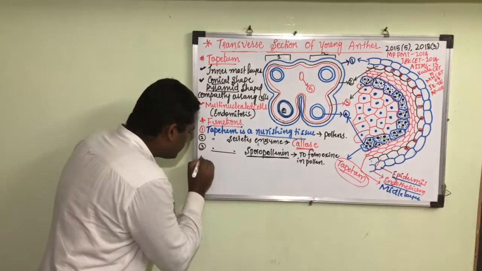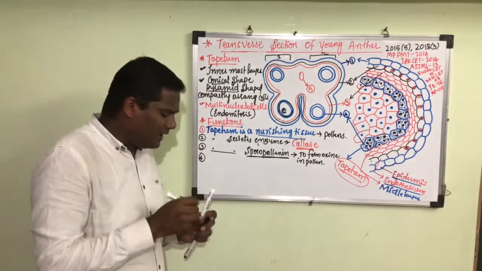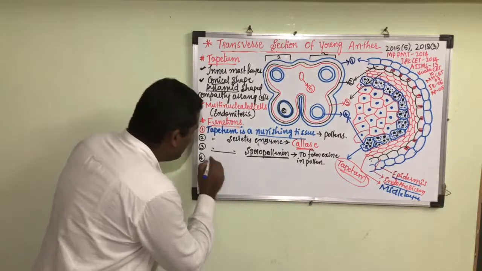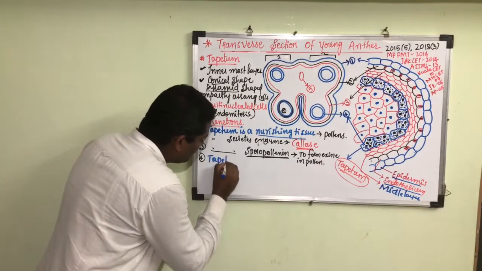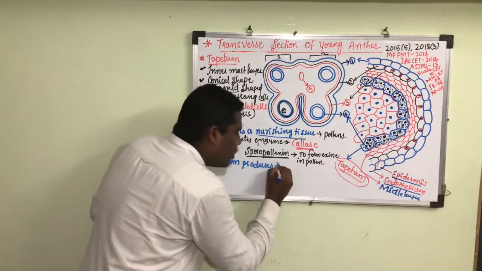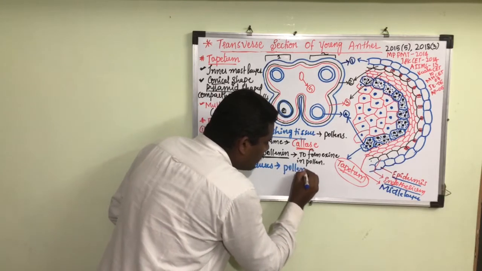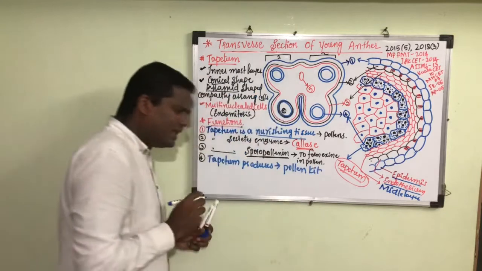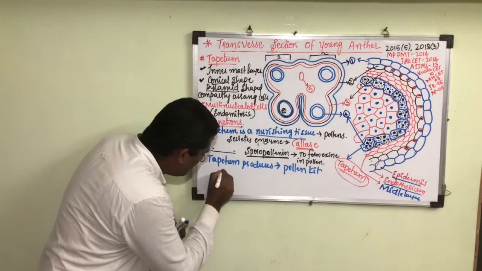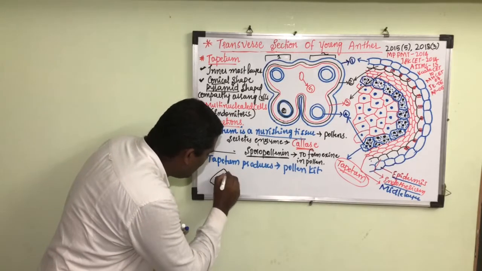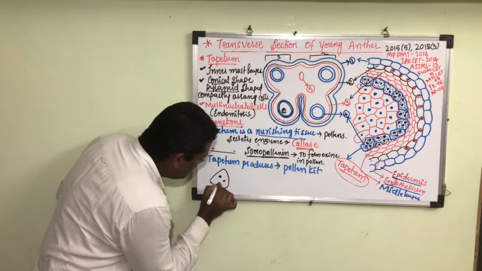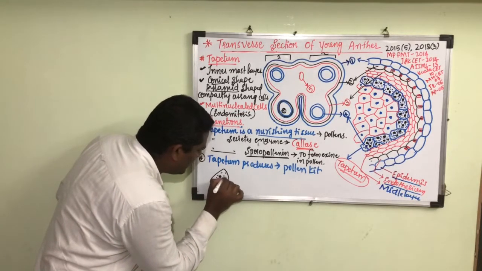Now, the fourth function: the tapetum produces the pollen kit. What is this pollen kit? Initially, this is the tapetal cell, which is a conical shaped, multinucleated cell with protoplasmic content.